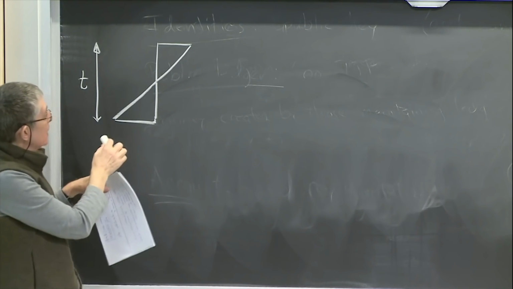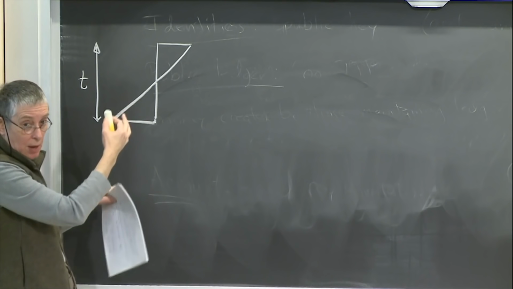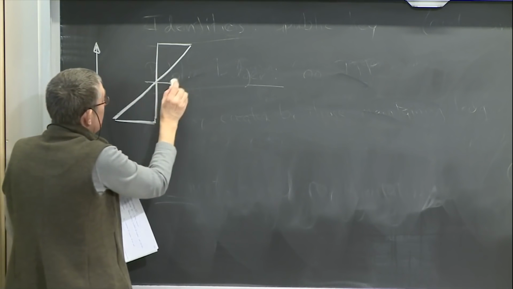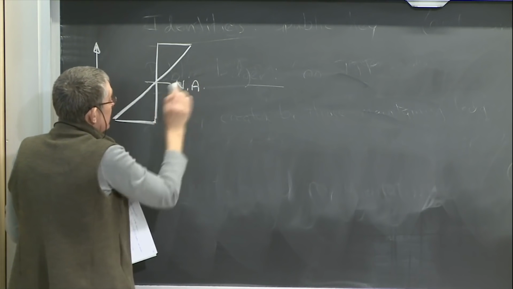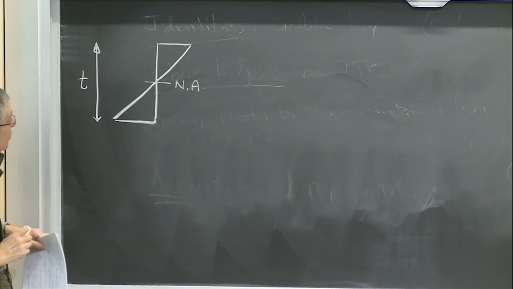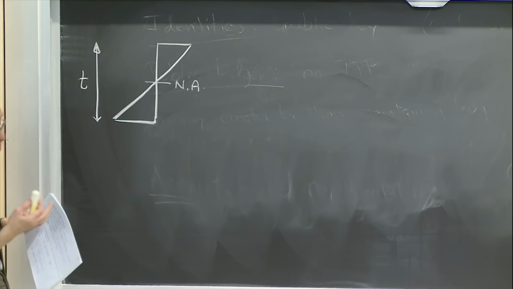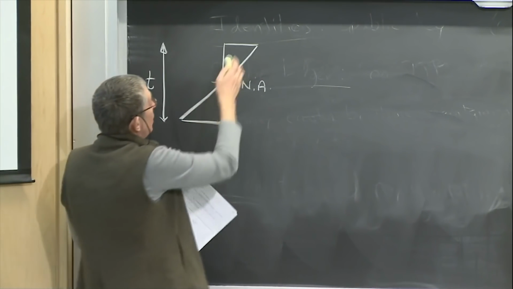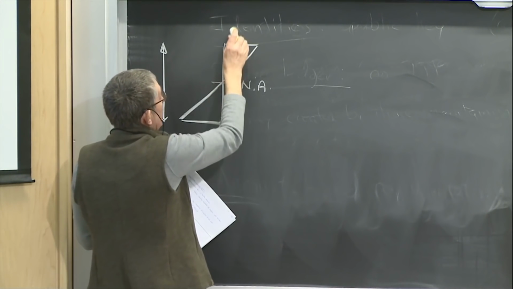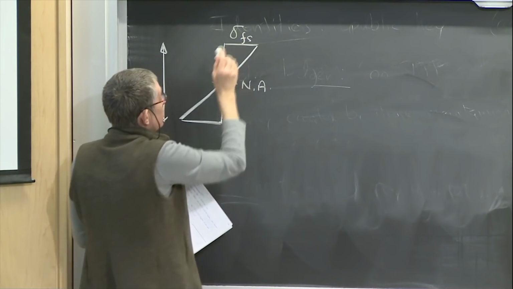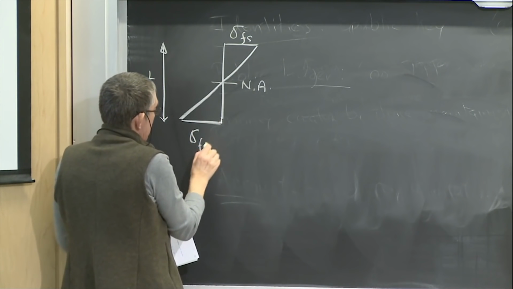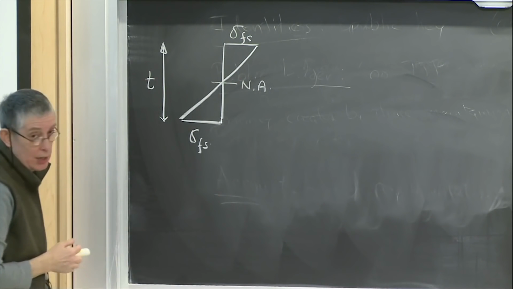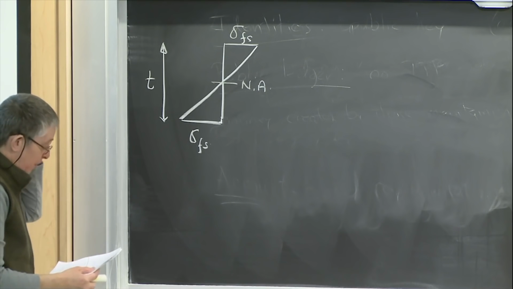If it's linear elastic, we get the maximum stress at the top and the bottom, and the neutral axis is here in the middle. There's no stress there. So this is the normal stress distribution here. And as we increase the stress for a brittle material that's going to be linear elastic until fracture, this is going to stay linear like this until we reach this modulus of rupture stress here. So when we reach that stress, then we're going to get fracture of the beam.